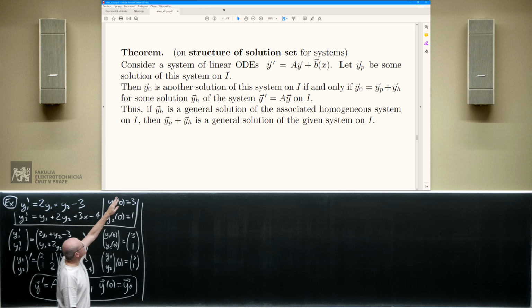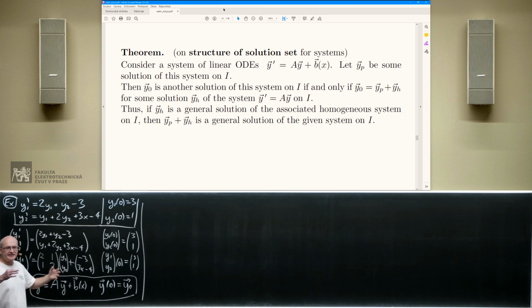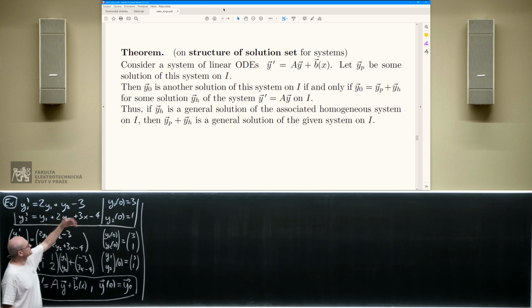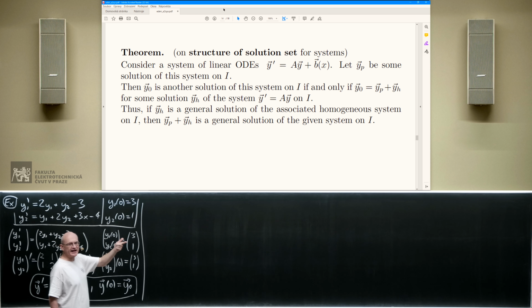And then there's this last paragraph which sort of sums it up and tells us how the structure looks when you think of all solutions at once. So you take a general solution of the associated homogeneous system, you shift it by your particular solution, and you get a general solution of the original system with right-hand side. So this is exactly like it was for a linear differential equation of order n. And the proof, and you will see it now, will also be the same. The only difference is notation and language.